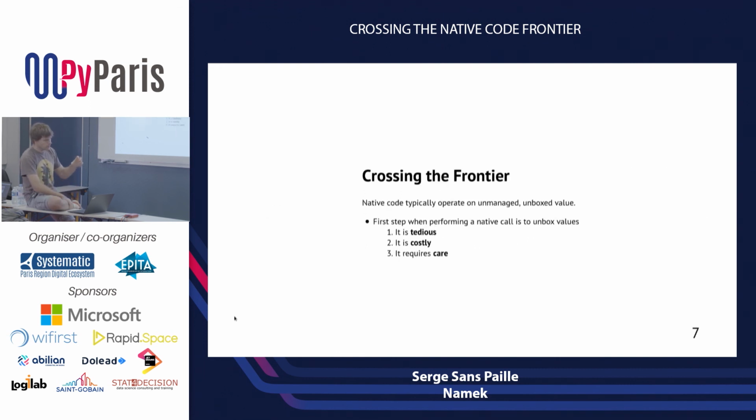But then you begin to use Python for other tasks, like number crunching, numerical operations. And so you keep on crossing the frontier. This frontier is very important to understand how Python works. There is the interpreted world and the native world.